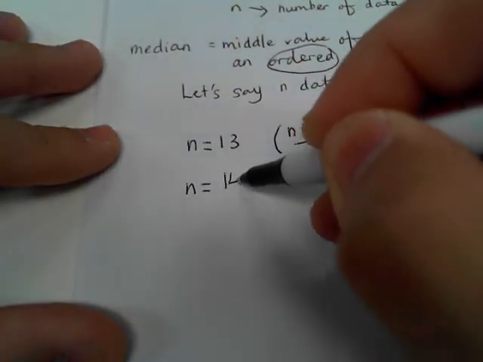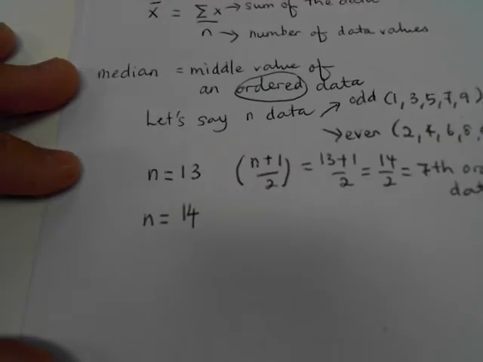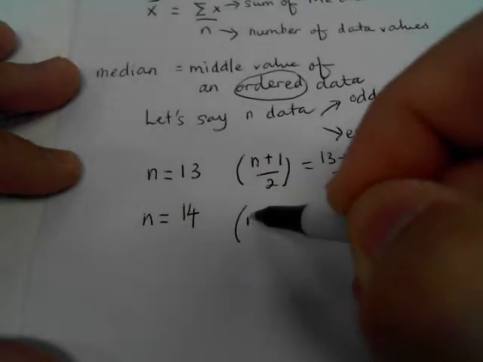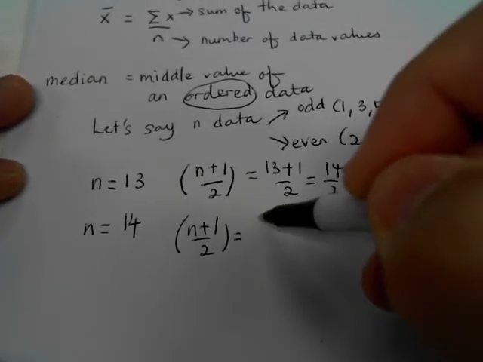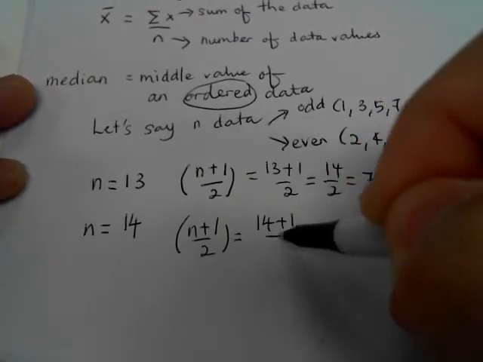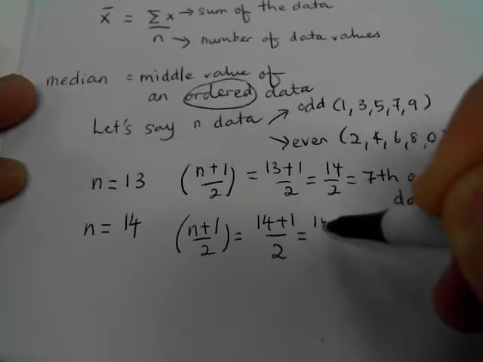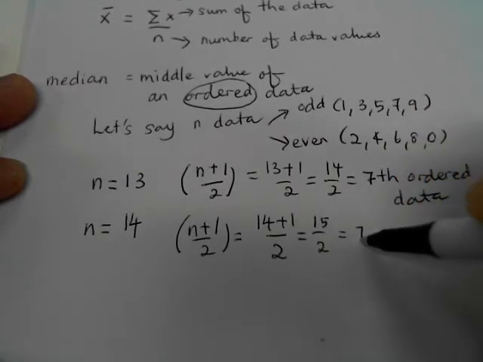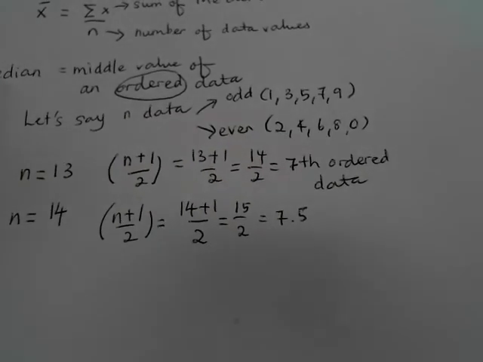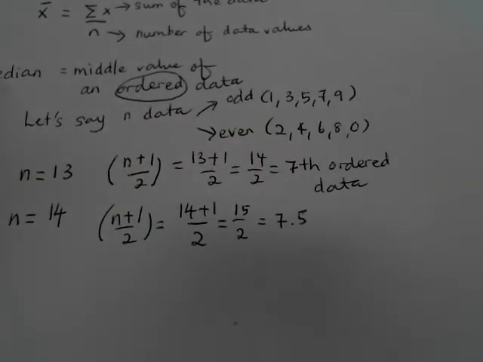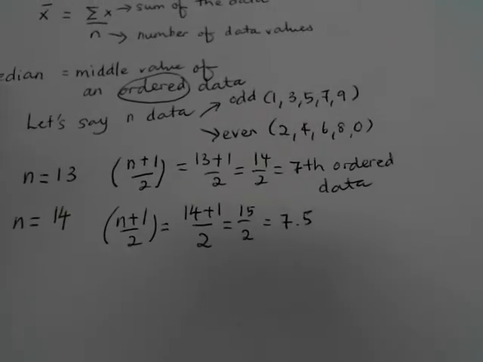So if n is 14, for example here, again, we substitute the value. n plus 1 divided by 2, 14 plus 1 divided by 2, and that will give you 15 divided by 2, and that will give you 7.5. Question here is, why is there a 7.5? The reason is because, as I've mentioned, it is ordered data.